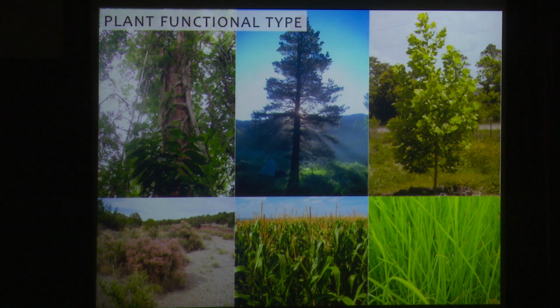But up until now, or until this future approach, nearly all the models that we talk about group species into plant functional types, whether it's tropical, grass, crop, or deciduous, and you could have one grass, or two grasses, or three grasses.